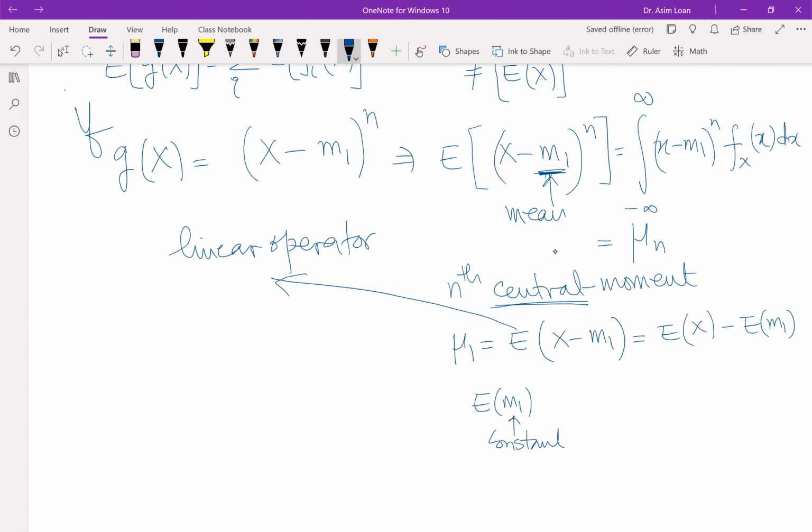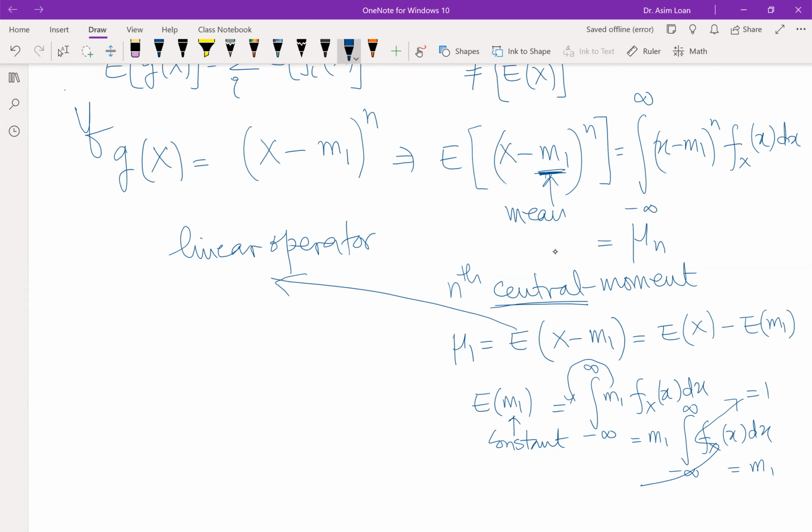By definition, this is the integral from minus infinity to infinity of m1 times the density function dx. Since m1 is a constant, it goes out: m1 times the integral of fx of x dx. This by definition is 1, because it's the area under the function, so this is m1. So the expectation of a constant is a constant. There is no randomness in it, so you get back the constant.